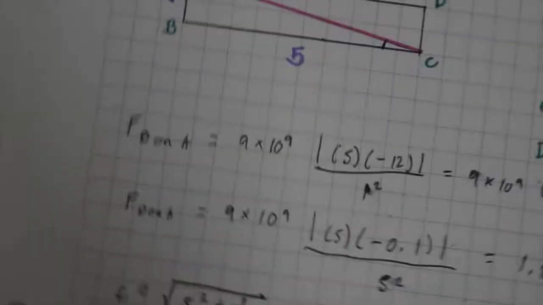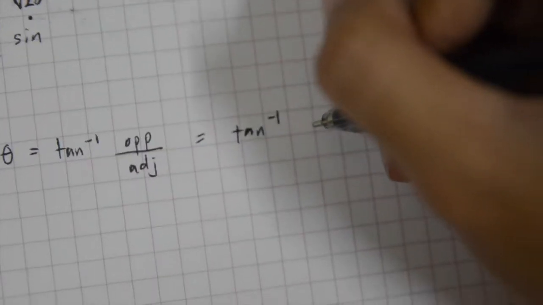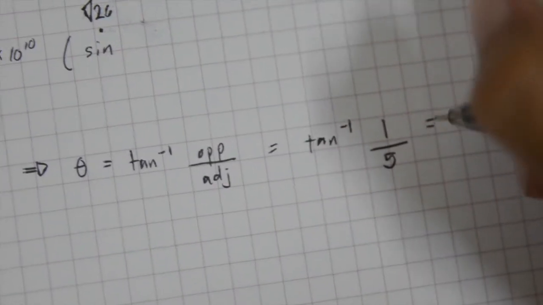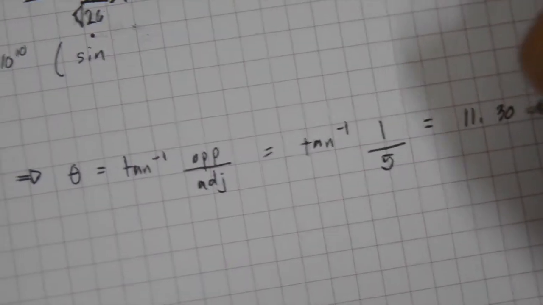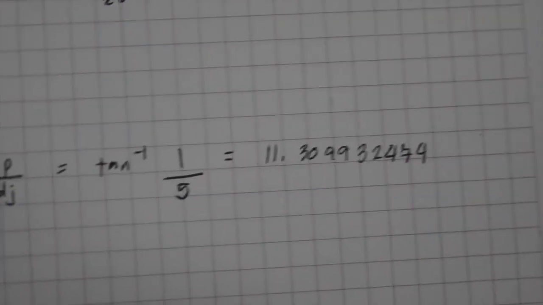So we have tan^-1 opposite, which is 1, then adjacent, which is 5, and this will give us an answer of 11.309932474. So that is our given angle.